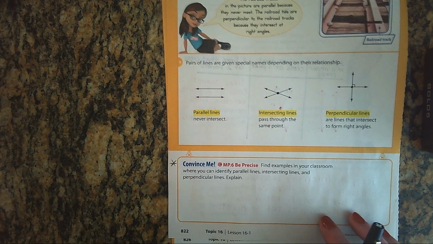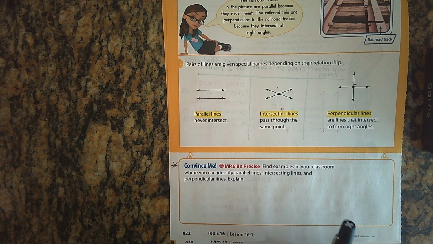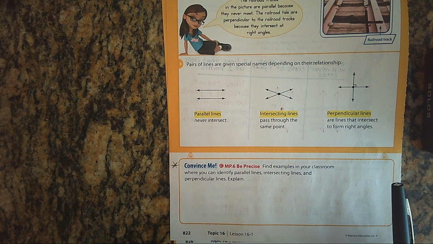All right, so the Convince Me, I think, can help us to understand the types of lines better. So find examples in your classroom. Okay, you're not in your classroom, but you're at home. So look around at home and see if you can identify parallel lines, intersecting lines, and perpendicular lines in any place that is in your home.